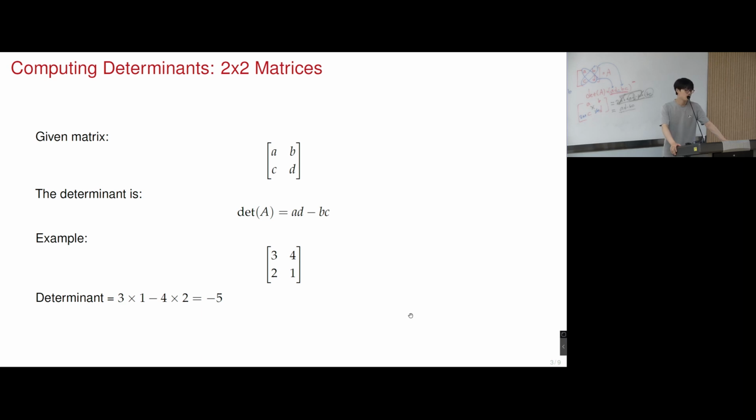So if you're given a 2x2 matrix, the determinant is written in the slide. We denote the determinant of the matrix A as det A, and we call it the determinant of A. So the determinant of A is going to be AD minus BC. Basically, we multiply the values diagonally and then subtract them.